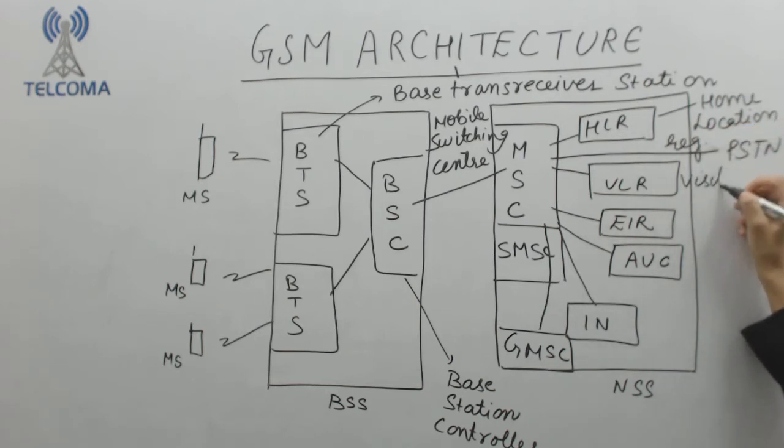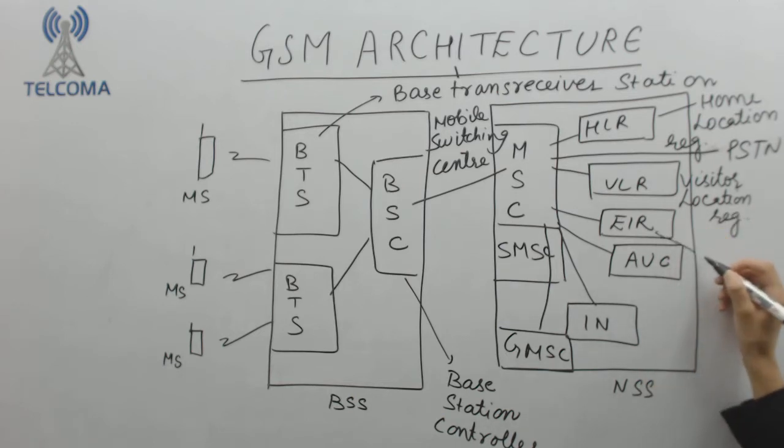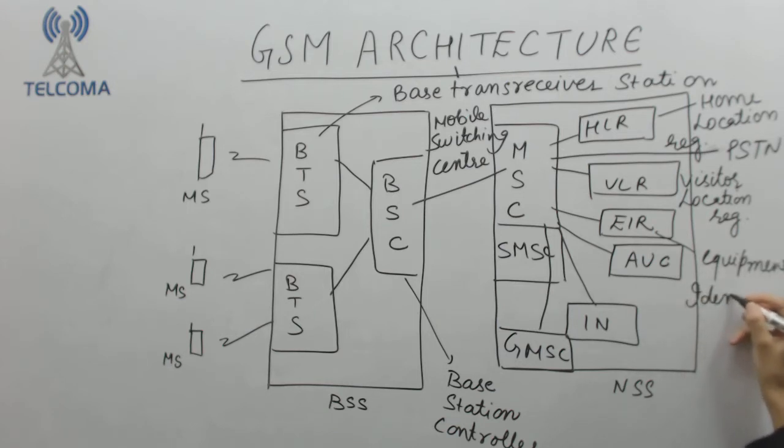VLR is visitor location register. EIR stands for equipment identity register.